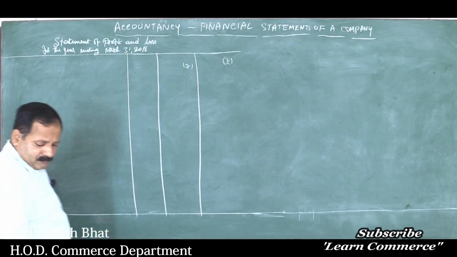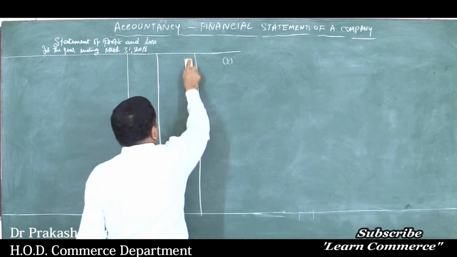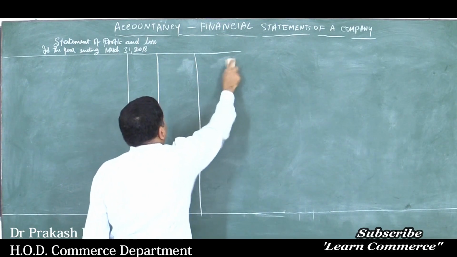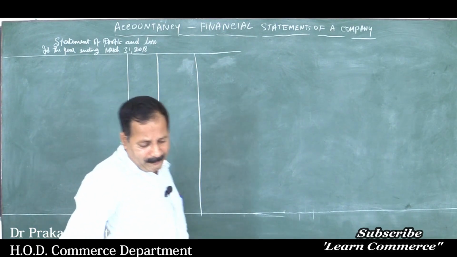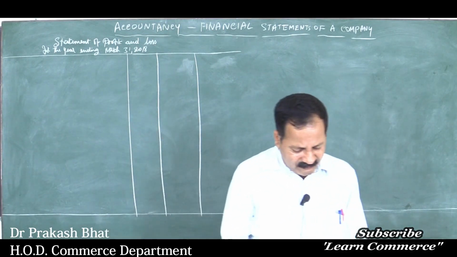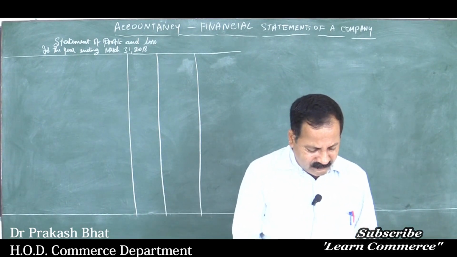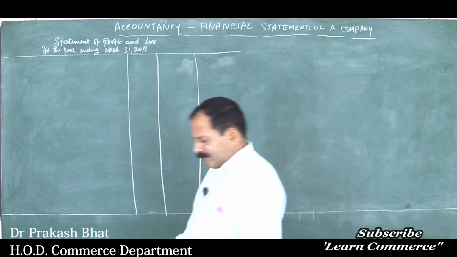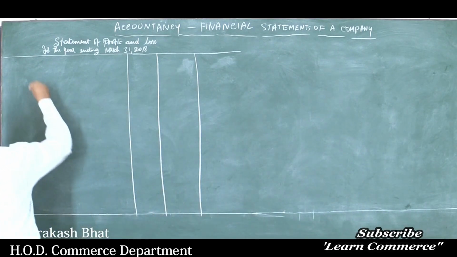Now, let us move on. Which item should we take first? Revenue from operations, number 1.